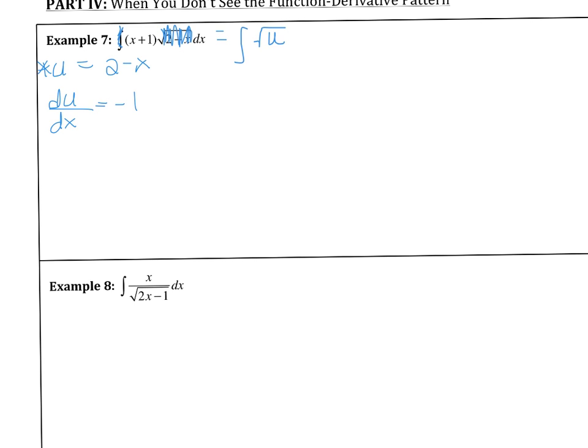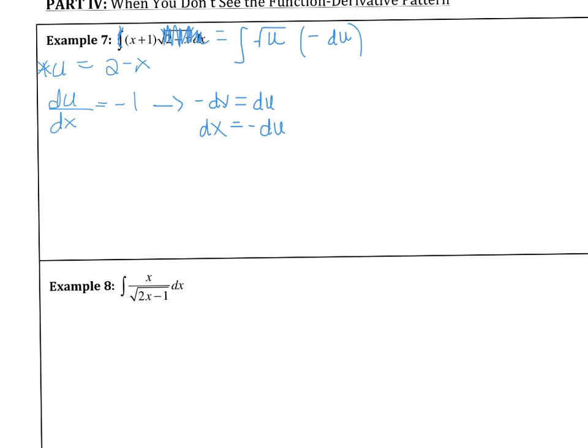For that, I can come down here, and with a little bit of algebra, if I cross multiply, I will get that negative dx equals du, therefore dx equals negative du. So that's a way that I can replace dx with something in terms of u. Instead of writing dx, I'm going to write negative du.